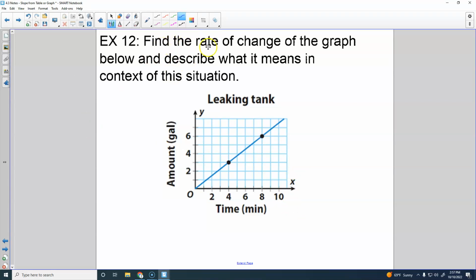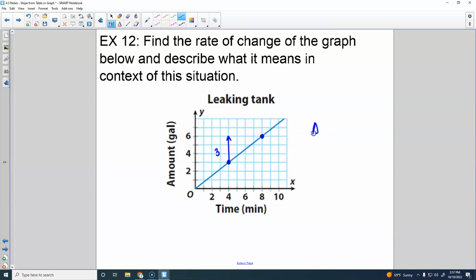All right. So, rate of change. Here we have 2 points. Caitlin, you want to use the top point or the bottom point? Okay, bottom. And should our answer be positive or negative? Positive. All right, so I'm going to go up this far. How far did I go up? 3.